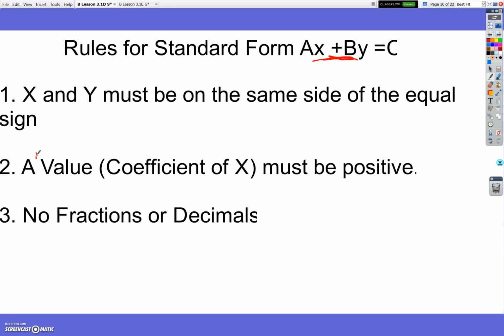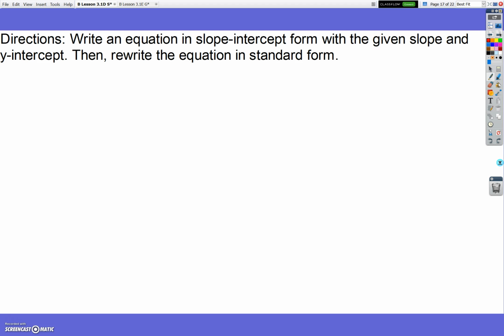Now your a value, remember it's the coefficient of x, must be positive. So the number attached to x needs to be positive. And we're going to look at how to fix this, but there can be no fractions and no decimals.